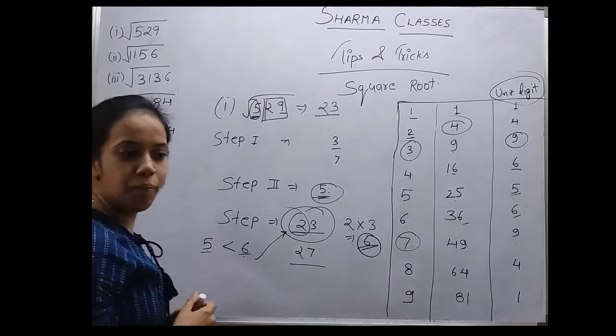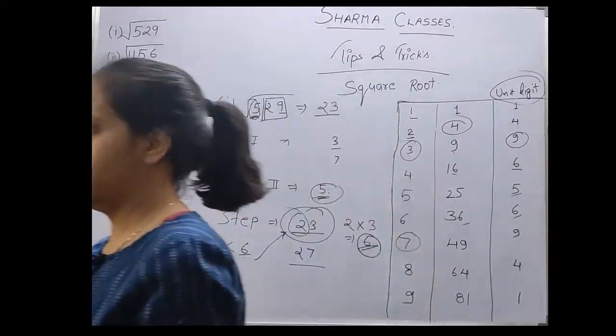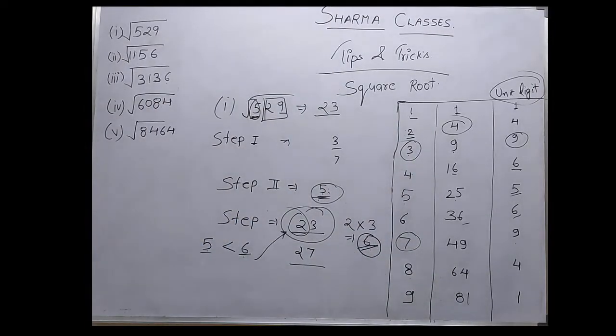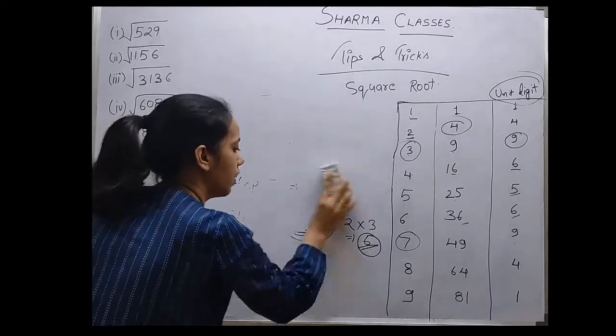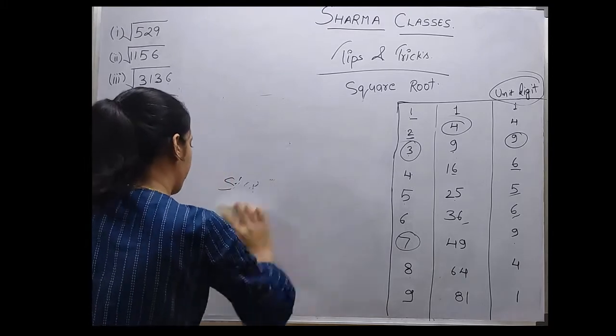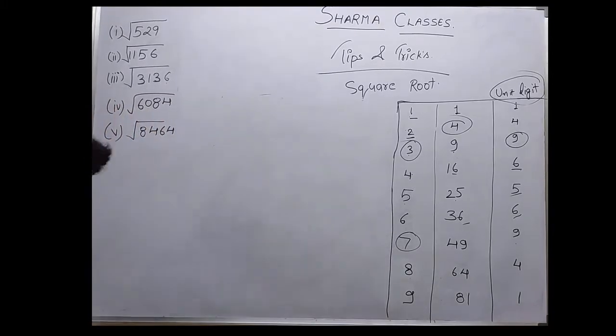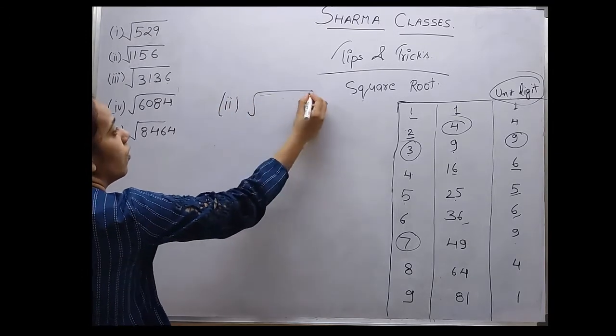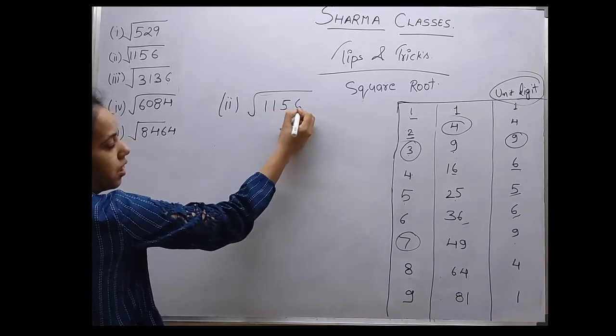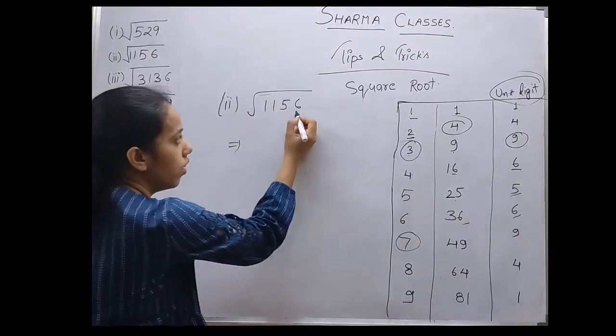Let's take some more examples, students. Our second example is 1156. Now, what do we do? 6.